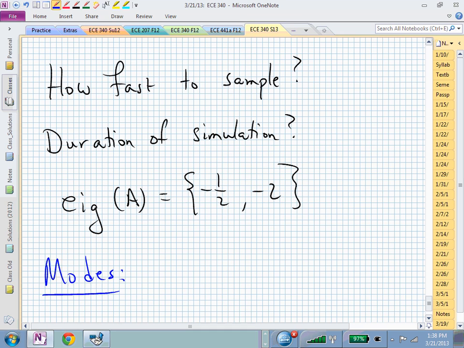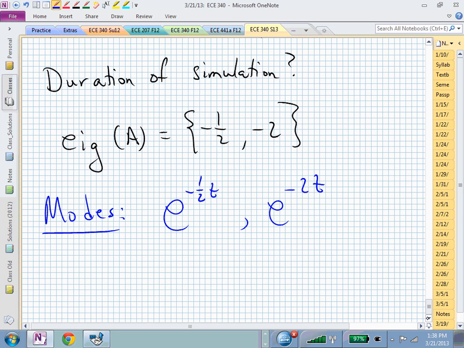What will the modes of the system response be? One is coming through the first eigenvalue, e to the -1/2 t, and the other one is e to the -2t. You will see that system naturally want to shake with these exponential decays.